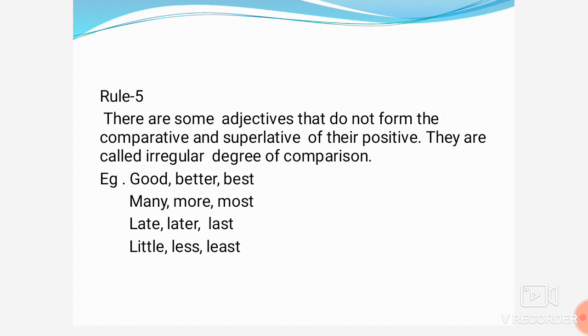The rule number 5 says there are some adjectives which do not form the comparative and superlative of their positive degree. Instead, they have a different word. Okay? These are called irregular degree of comparison.